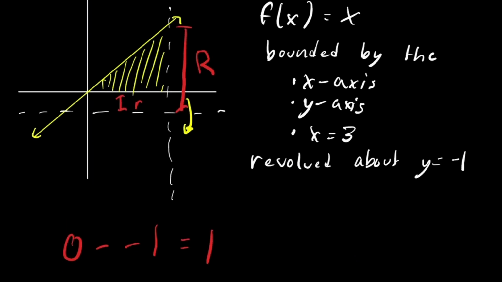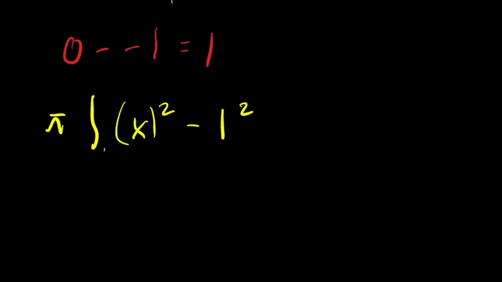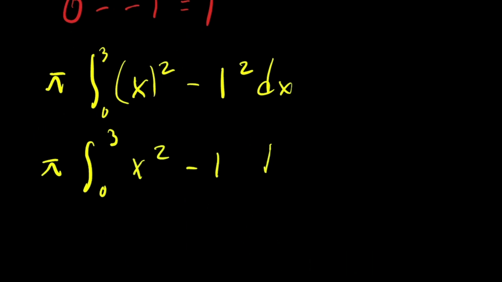And our bounds is from 0 to 3. And you can do the same math you've been doing. Integral of x squared minus 1 dx.